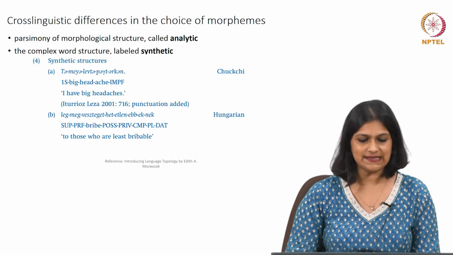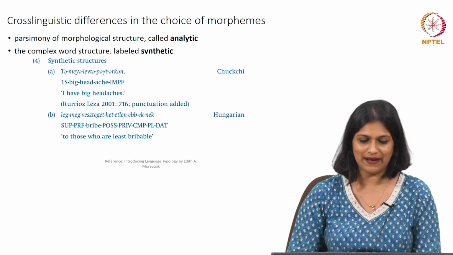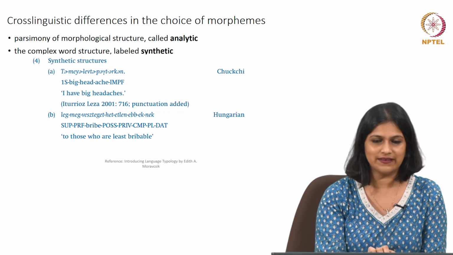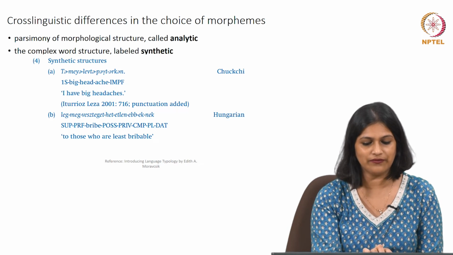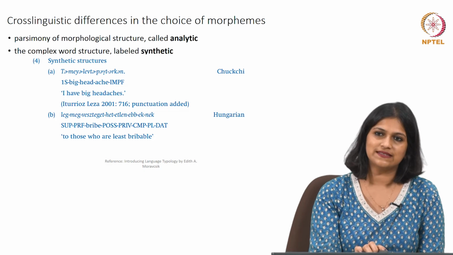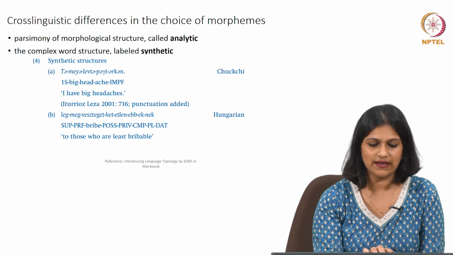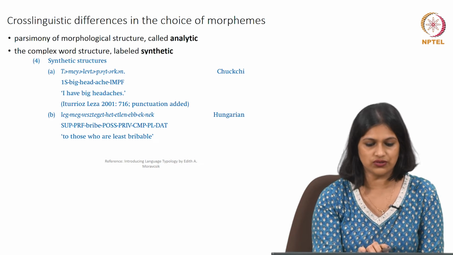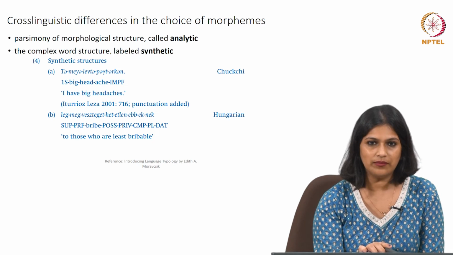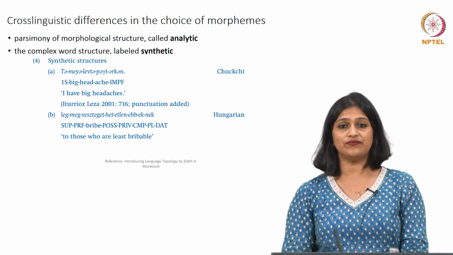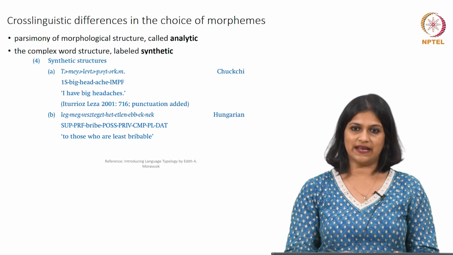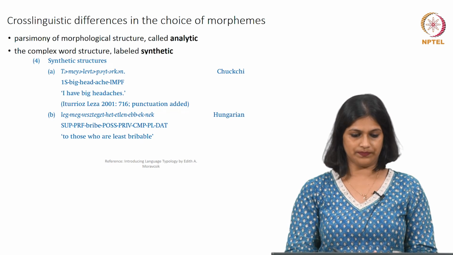In this construction, the entire sentence, which English requires at least 4 words for, 1, 2, 3, 4, all of this information is loaded in just one word in Chukchi. So, how many morphemes? Let's count 1, 2, 3, 4, 5. So, 5 morphemes are attached to each other to create one word in Chukchi.